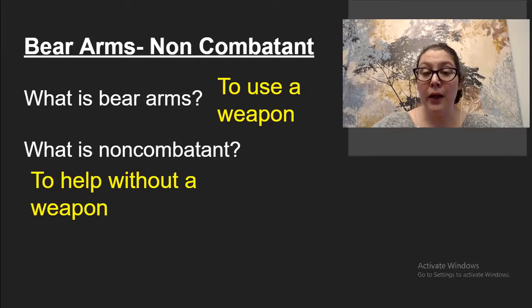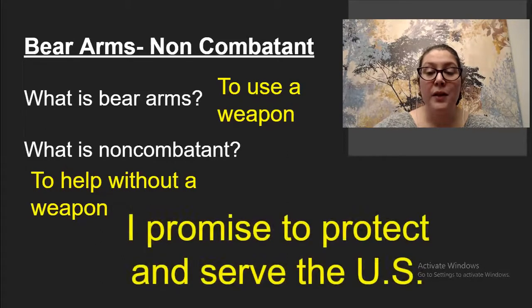You will, if you are okay with this, say yes to both of these questions. And then they might ask you, what does it mean to bear arms? What does it mean to perform non-combatant services? Then you will need to answer these questions. I promise to protect and serve the United States.